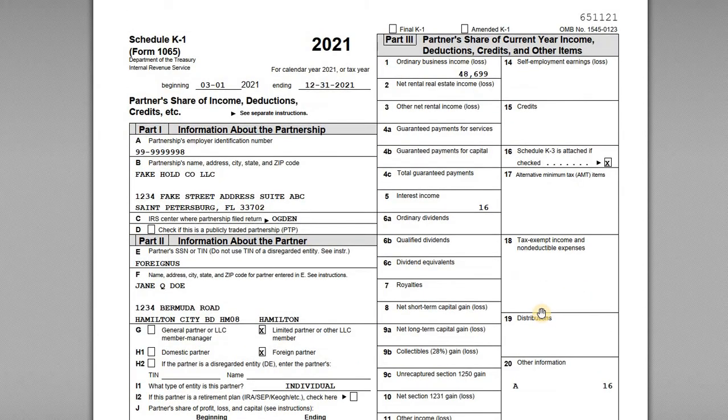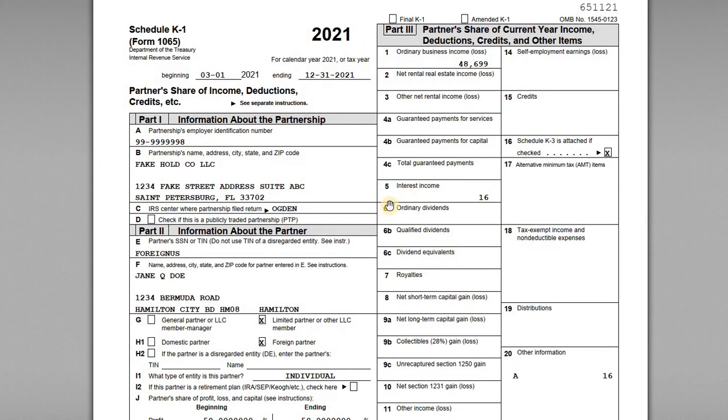Now, here are the important things to note before we get into the K-2, or sorry, the K-3. On the face of it, Jane can see she has line 1, ordinary income or loss allocated to her, $48,699, and then interest income of $16. Just based on looking at this, if we didn't have the Schedule K-2s and K-3s, Jane has no idea of the source of these amounts.